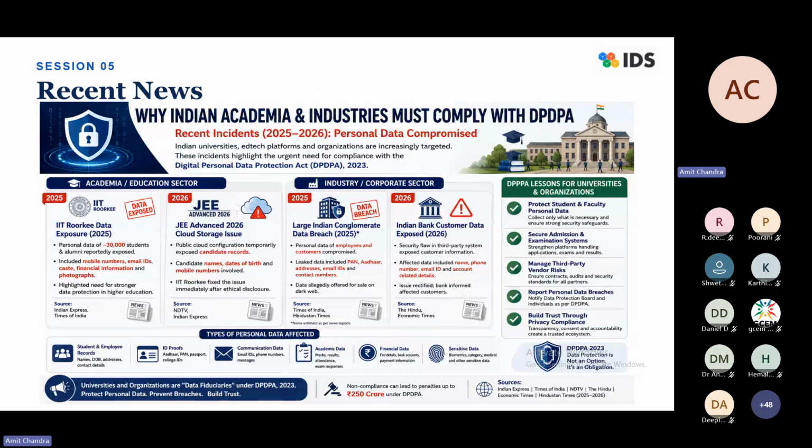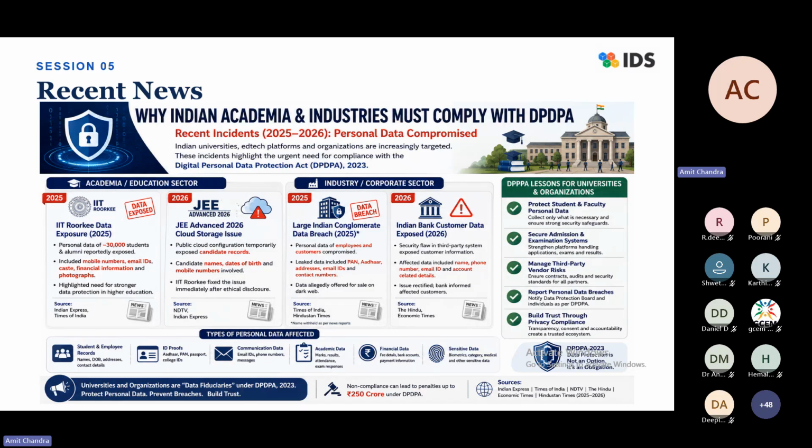Before we go ahead with the DPDPA cases, I would like to highlight a few recent news items in this session. One data exposure happened with IIT Roorkee, where 30,000 students' data, including mobile numbers and email IDs, was exposed.